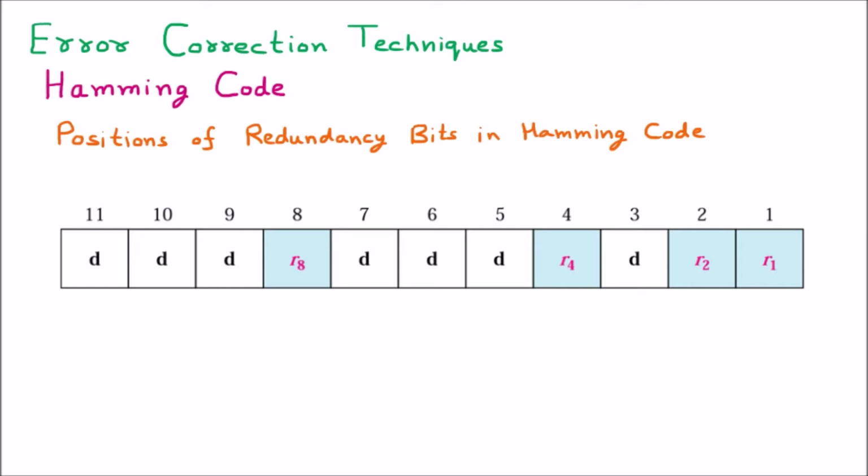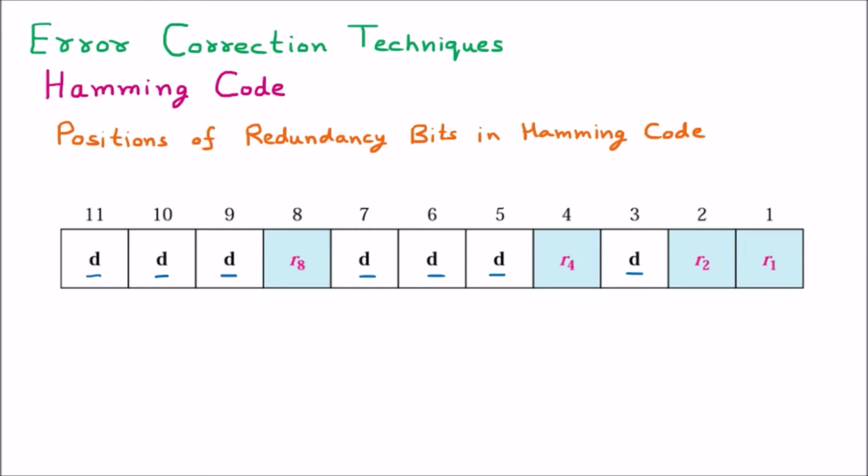Now in the Hamming code, if we have the data, where are these redundancy bits placed? First of all, we understand what the data is here. All the D which are present, 1, 2, 3, 4, 5, 6 and 7, these are the data bits.